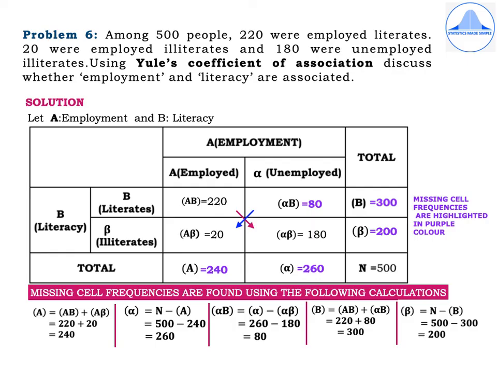In other words, it means that the cell frequency alpha beta is equal to 180, and then we find out the remaining missing cell frequencies as shown by the calculations below the table, and they are written in the 2 by 2 contingency table in purple color, and the values are alpha B is equal to 80, B is equal to 300, beta is equal to 200, A equal to 240, and alpha is equal to 260.